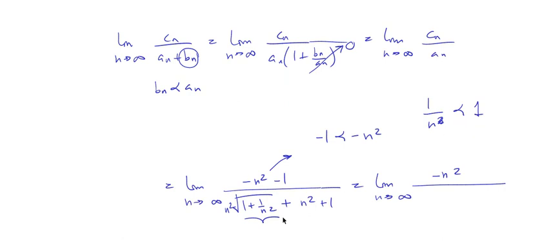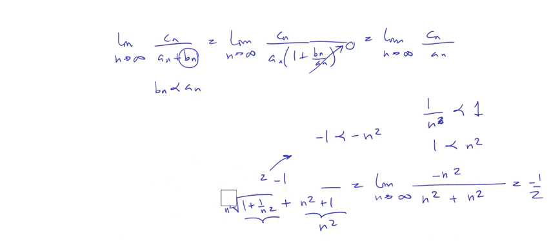Okay, we know that. So this is just 1, so that we can substitute it like n squared, and then you have plus n squared, because again 1 is negligible in comparison with n squared, right? So then we have minus n squared divided by 2n squared, which is minus 1 over 2. Okay, so this is the same thing that we have done, but writing it in more explicit terms.